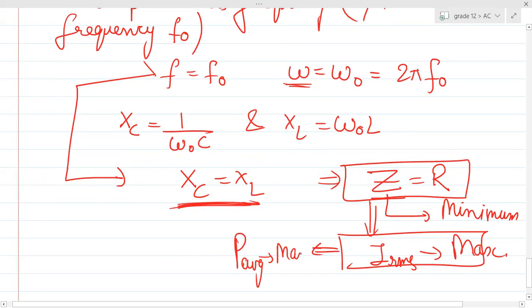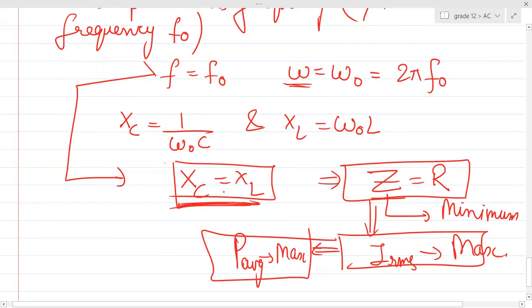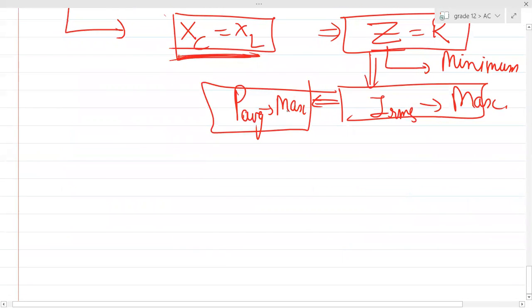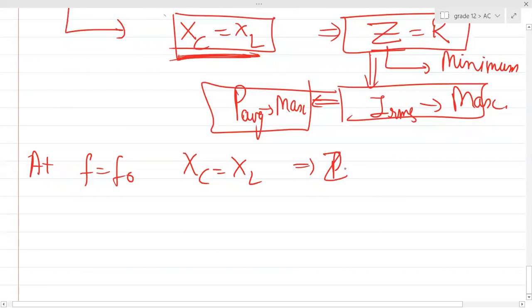So at f equals f naught, XC equals XL, Z becomes minimum, and maximum power is transferred. Is this clear?